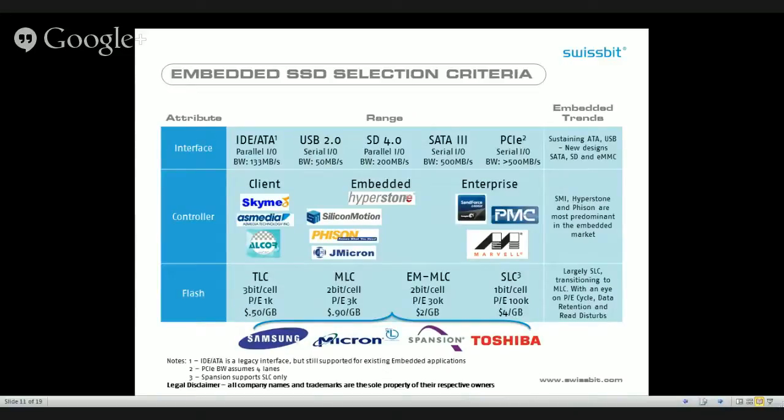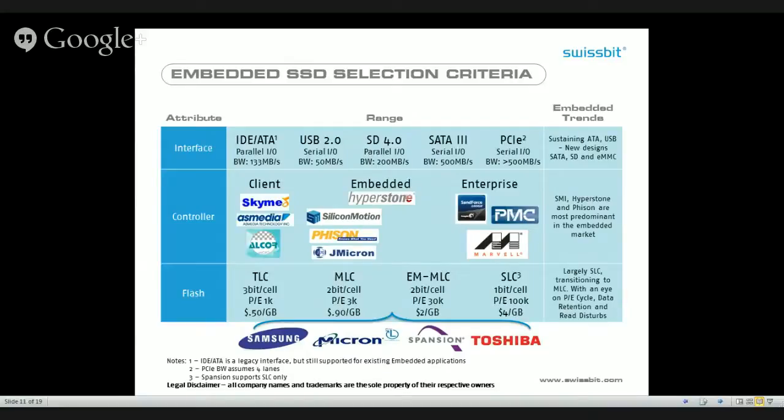The embedded trend today is sustaining ATA and USB designs, and on new designs, SATA, SD, and eMMC are the predominant interfaces of choice. When it comes to controllers, there are a lot of different companies out there focused on different markets. I've listed a few here in the slide.